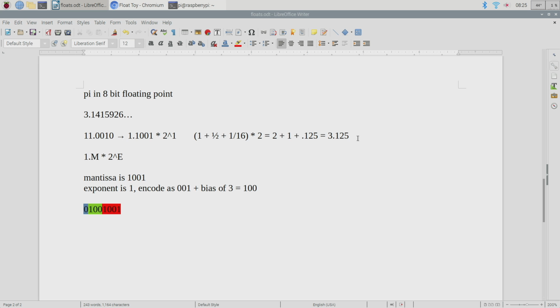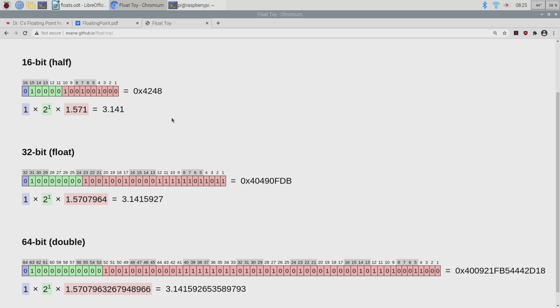And so this is why this 8-bit system, nobody in their right mind would ever actually use it. It's too imprecise. If we compare that, though, to 3.141, I guess that's good enough if you're in elementary school, right? But to really do anything with a reasonable degree of precision, you got to step up to 32 or 64 bits.